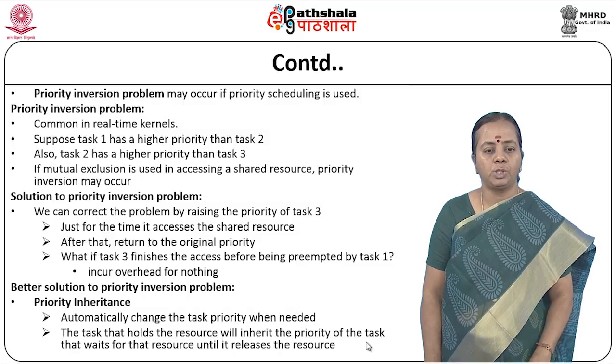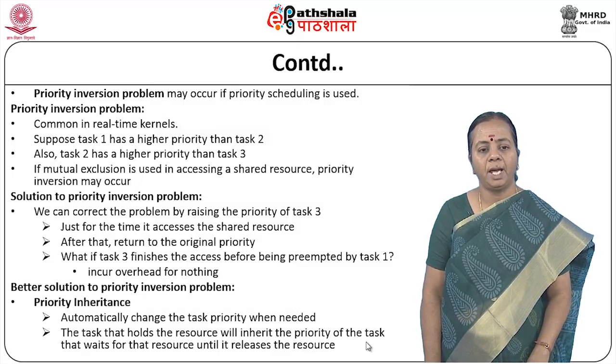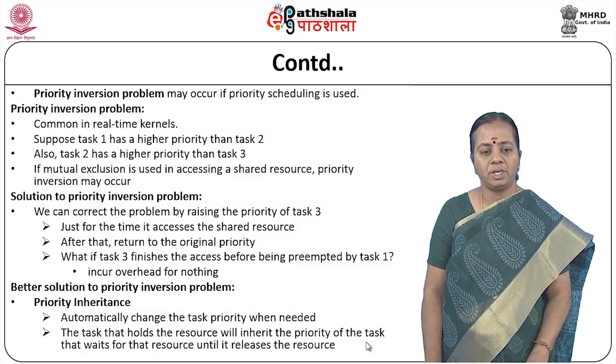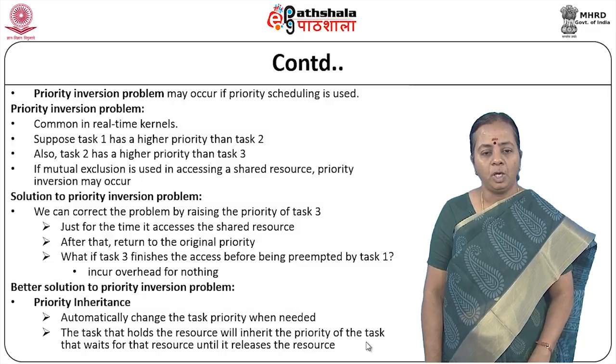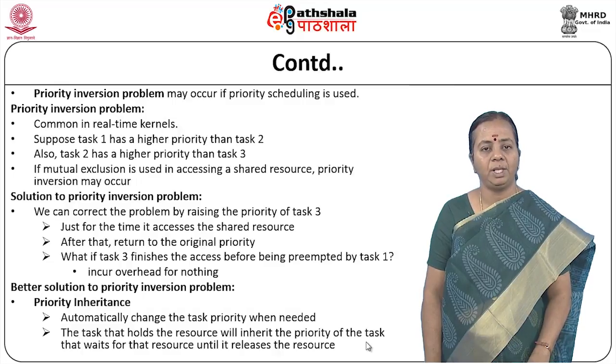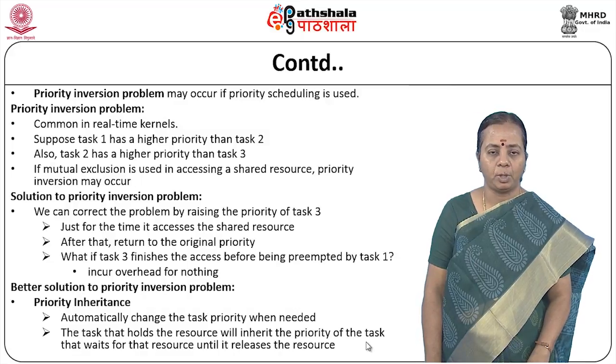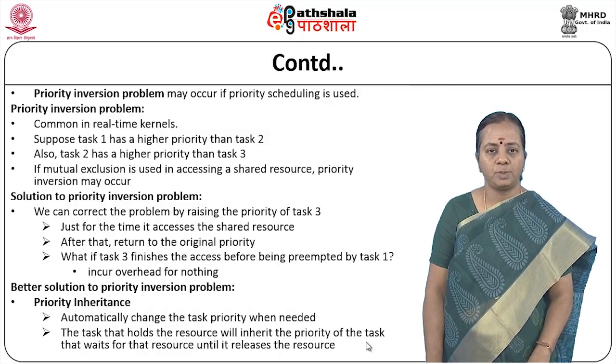The better solution to the priority inversion problem is priority inheritance. What we are trying to say is that we automatically change the task priority when it is needed. For example, if somebody is accessing a resource, that resource may be asked for by some other process also, maybe the highest priority task.